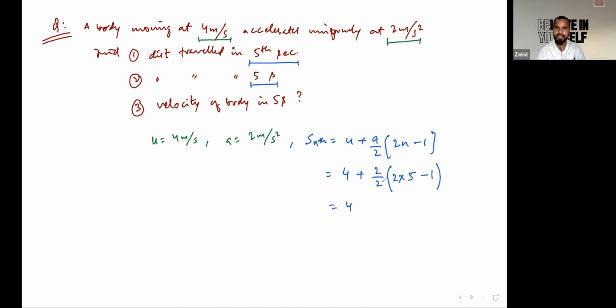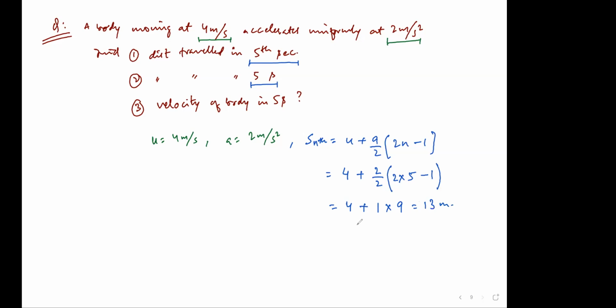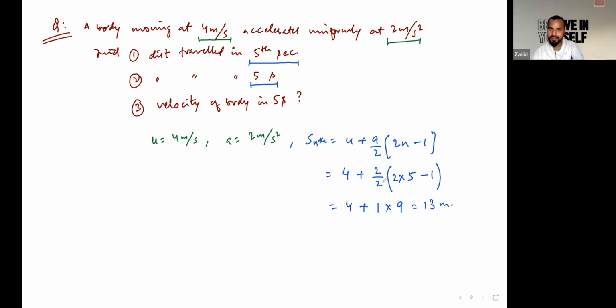So you get 4 plus 2 and 2 would cancel out, so it would be 1 into 9, 9 plus 4, it will give you 13 meter. Is it clear, Maria? Yes, sir. I was taking 1 by 2 instead.